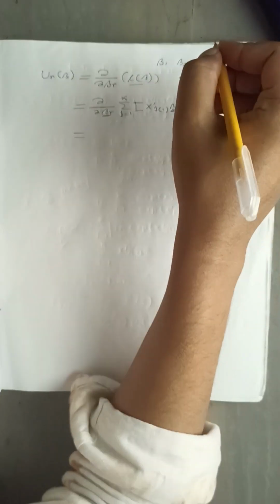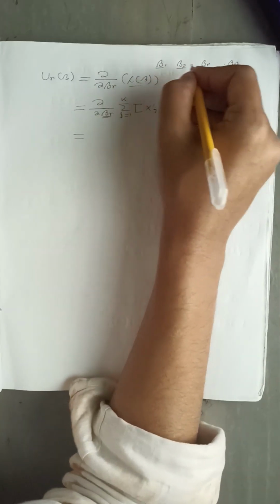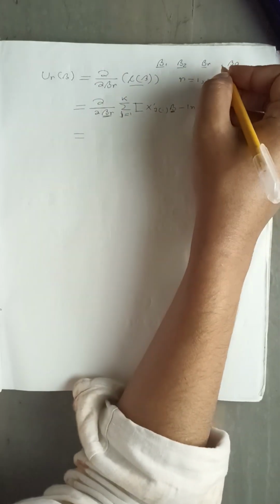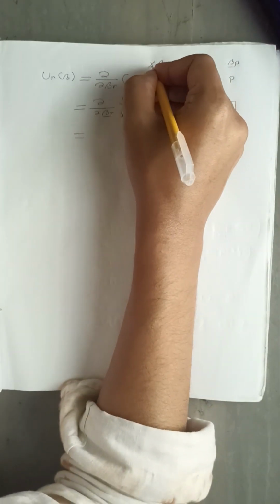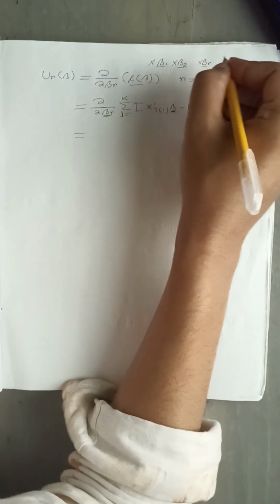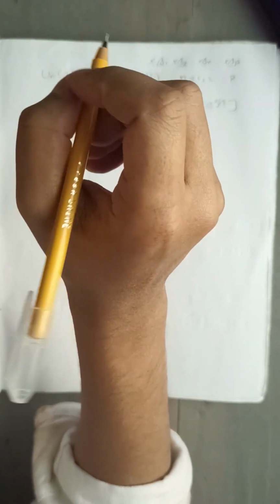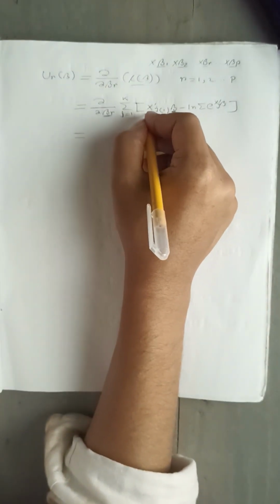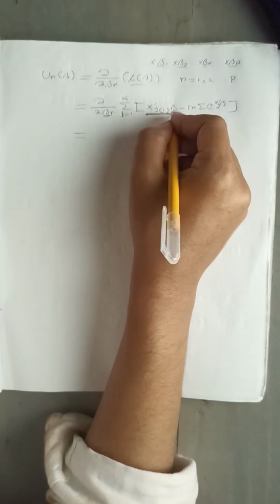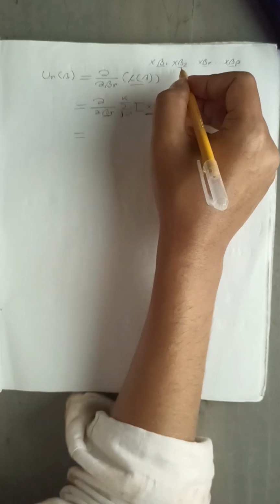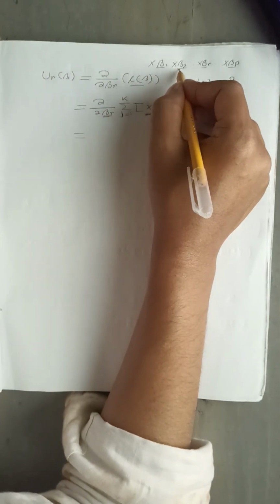And every beta also has its coefficient x. So this is the single representation, but here is the expanded one.